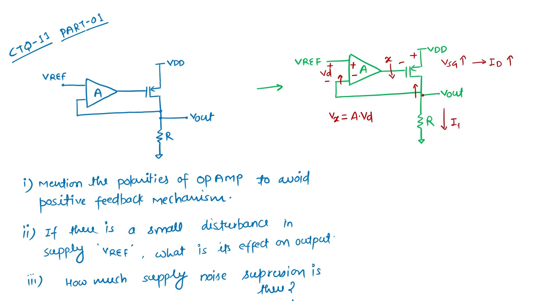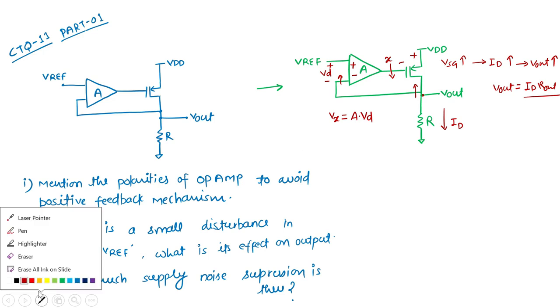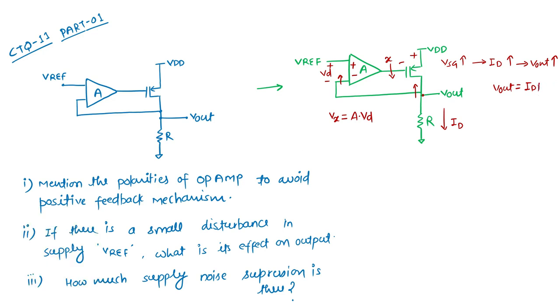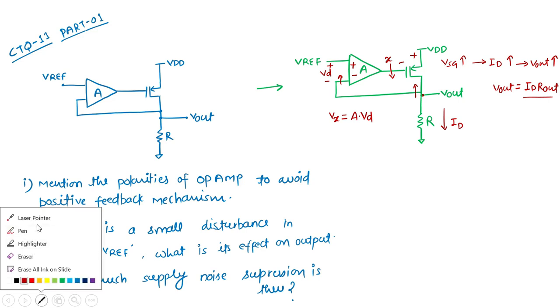Because ID is flowing through this resistor R, ultimately if ID is increasing, this Vout is increasing, because Vout is nothing but ID times Rout. So what we have seen, we started with an increase in this voltage value, and we are again getting an increment in this value.